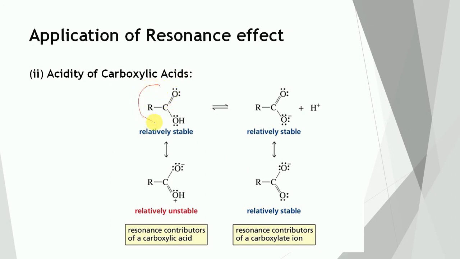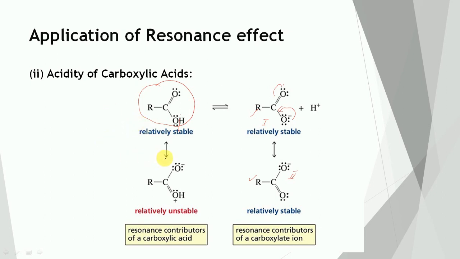So this one is the carboxylic acid. It can release a proton and an acetate ion gets formed, and this acetate ion is stabilized by resonance. So these are the two resonating structures for acetate ion, which are relatively more stable.